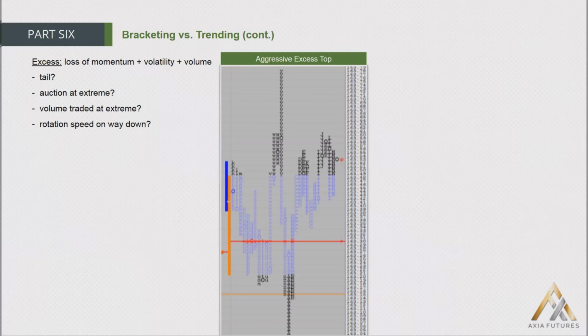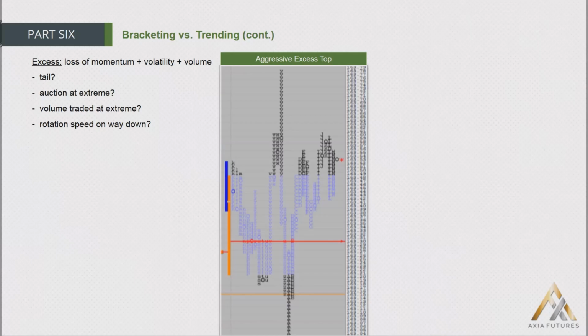And then all of a sudden we get this Y tail being formed, and the Y tail is the largest TPO candle on the entire day. So it has the biggest range of the entire day, and that's that shift in volatility.